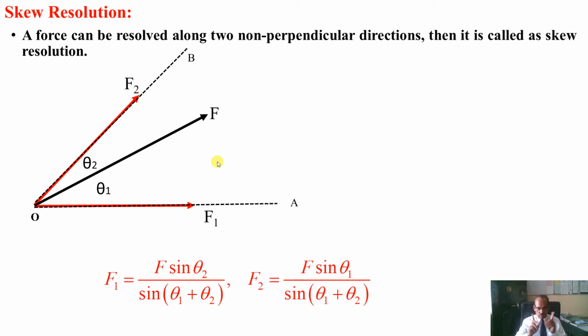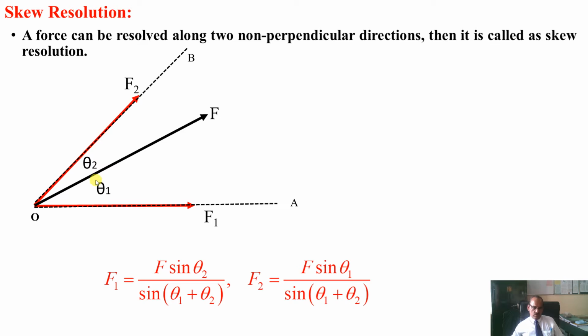But we want to resolve this force along lines OA and OB. Such a resolution is called a skew resolution. So when a force is resolved along two non-perpendicular directions, it is called a skew resolution.